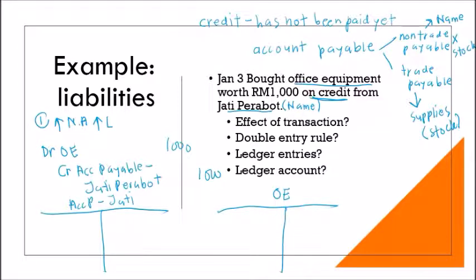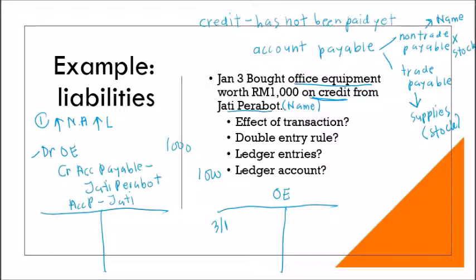So when you record for the T account, you have to put in the different account, the contra of the record in the double entry.